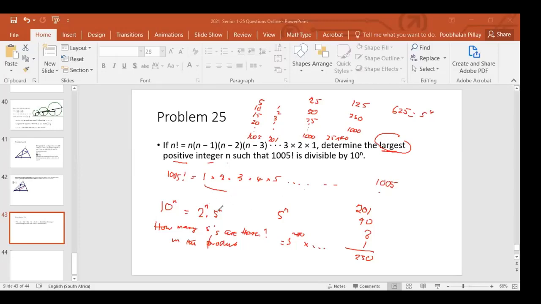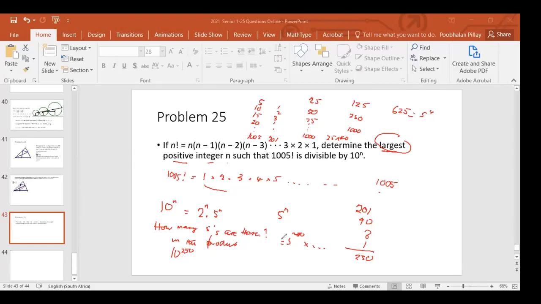Each 5 is paired with a 2 to get a 10. So to get 10 to the power of n is 10 times 10 times 10, n times. And these 250 5s, if you pair them off with 250 2s, then you'll get 10 to the power of 250. And obviously, you can't get anything more than that because you only have 250 5s.